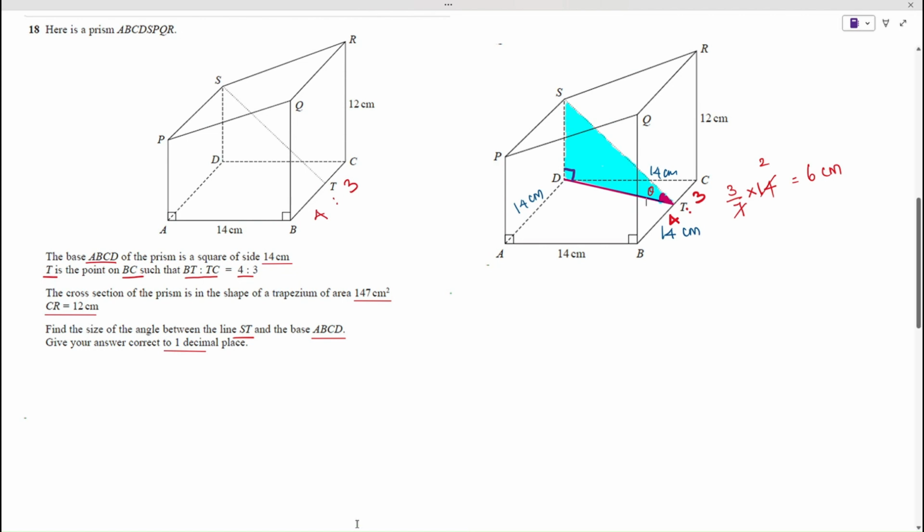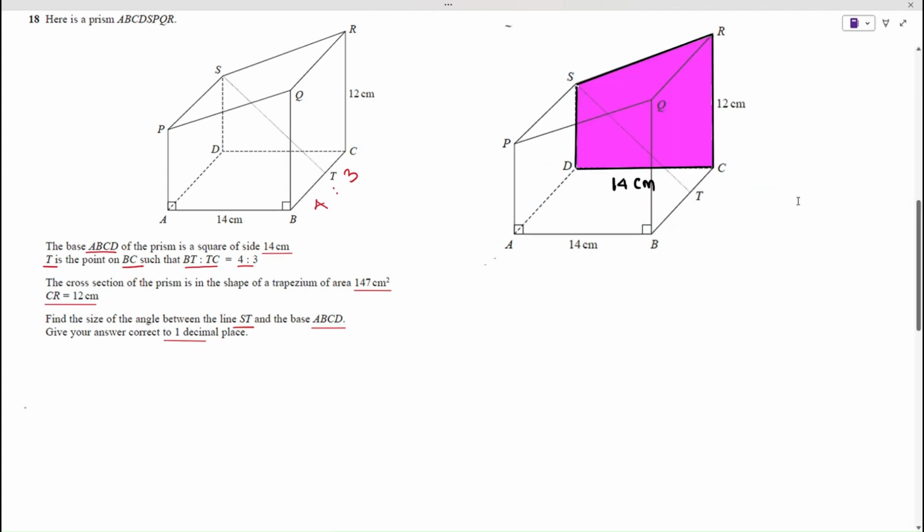And so by doing this, it allows us to find what information we need to obtain by doing different calculations. So what we're going to have to do is find the length DT, and find the length DS, and then we have to use trigonometry to find the size of our angle theta.